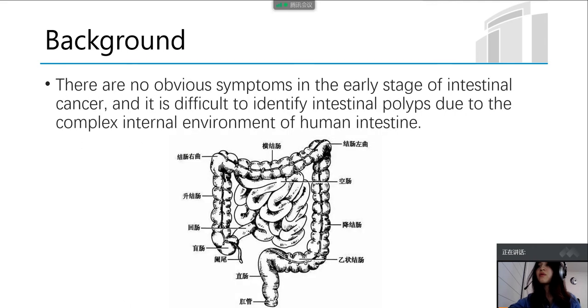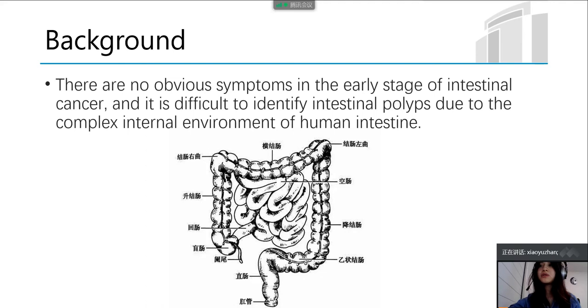There are no obvious symptoms in the early stage of intestinal cancer, and it is difficult to identify intestinal polyps due to the complex internal environment of the human intestine.